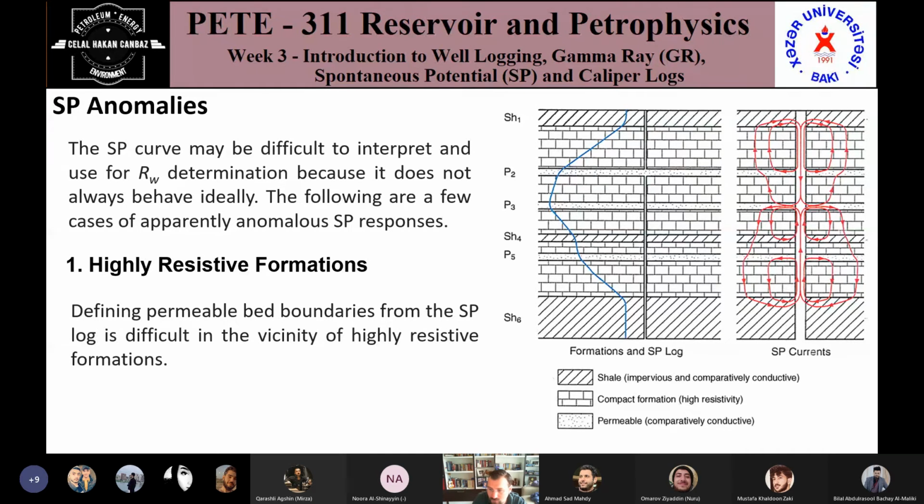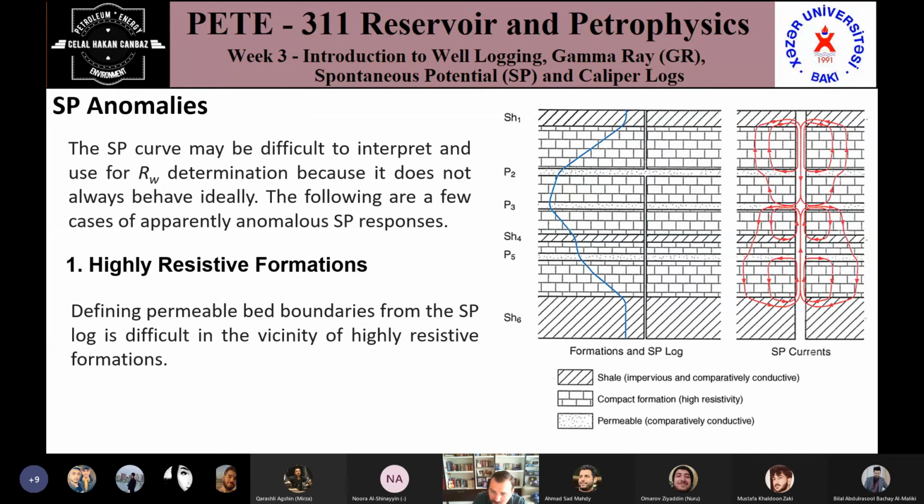So for a constant borehole diameter, the SP curve is a straight line inclined to the shale baseline. So the SP curve consists of straight portions adjacent to the high resistivity zones, with a change of slope at each more conductive permeable interval.